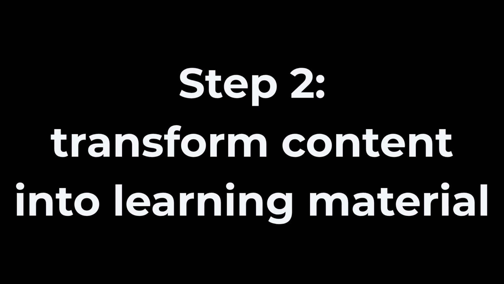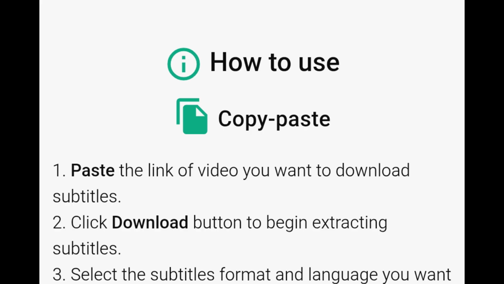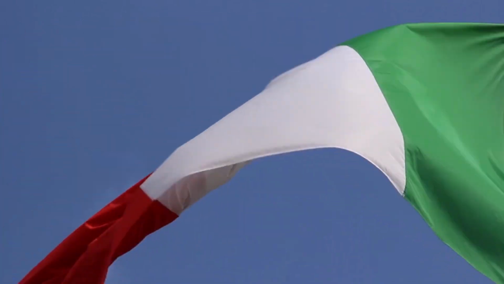Step 2. Transform content into learning material. Once I've selected my video, I take the URL and extract the subtitles. It takes only a few seconds. The video doesn't have to be in your native language.